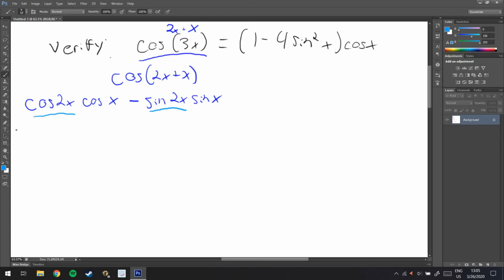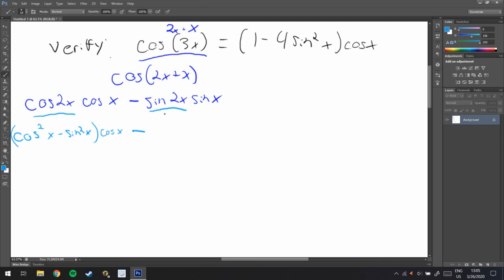So let's apply this. I'm going to flip to my double angle properties so I don't have to keep scrolling. Cosine of 2x is going to give me cosine squared of x minus sine squared x. This is where I went wrong, and this is where I'm going to repeat it, but I'm going to stop this afterwards. So this is cosine squared x minus sine squared x, in parentheses, times cosine of x.